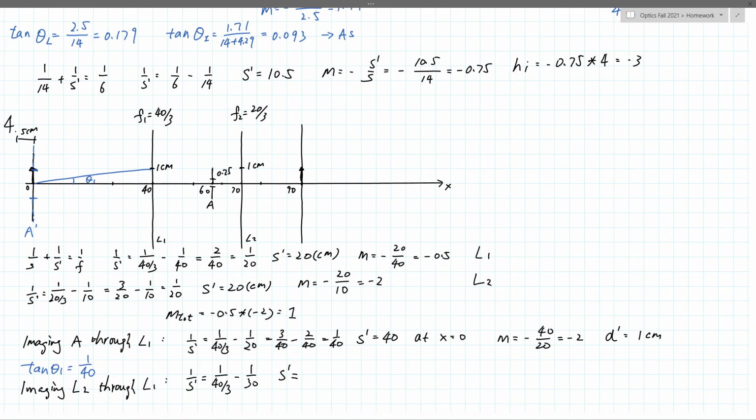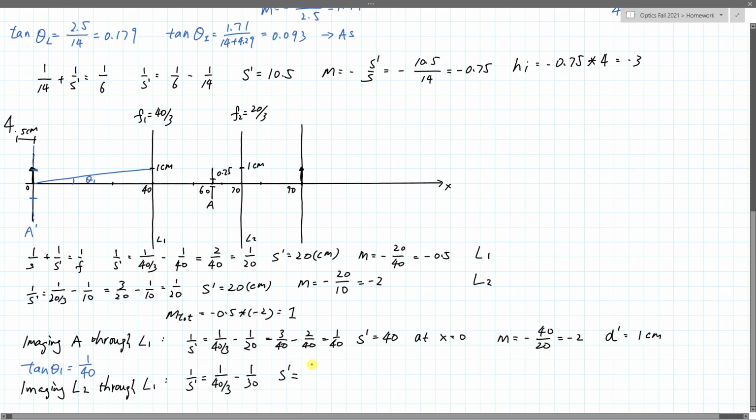One over S prime is 3 over 40 minus 1 over 30. Okay, 24. Alright, very nice integer here. So 24 centimeters to the left of the imaging element L1.